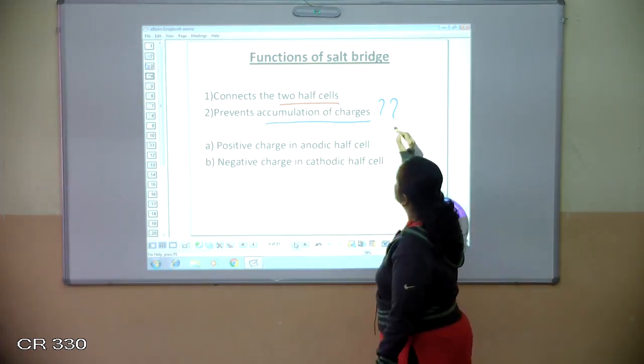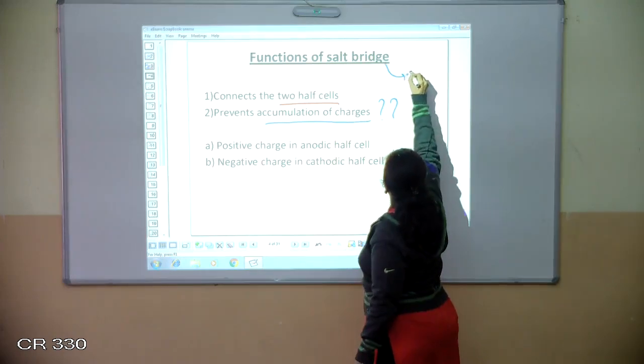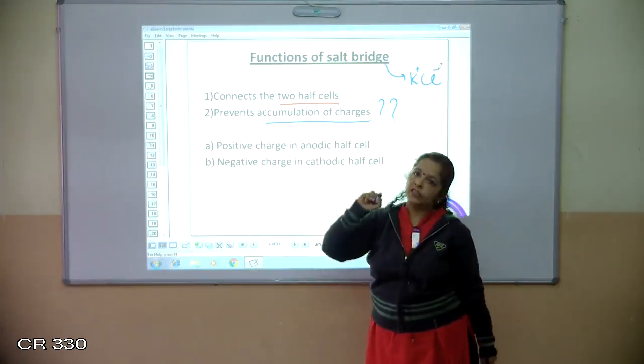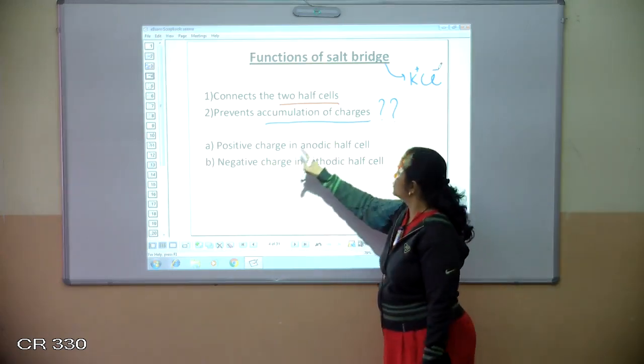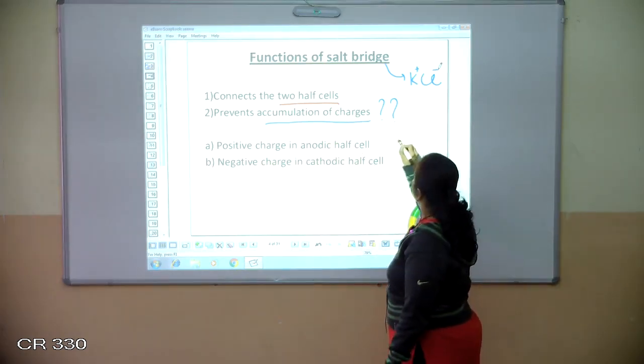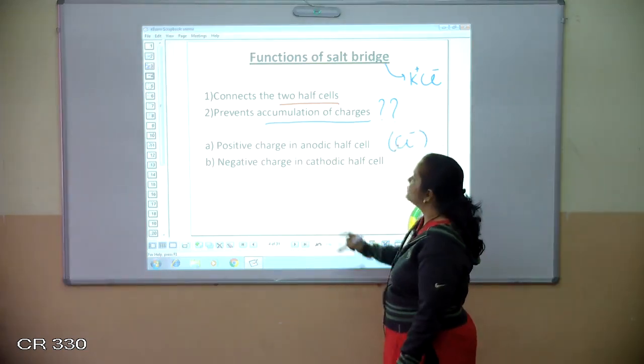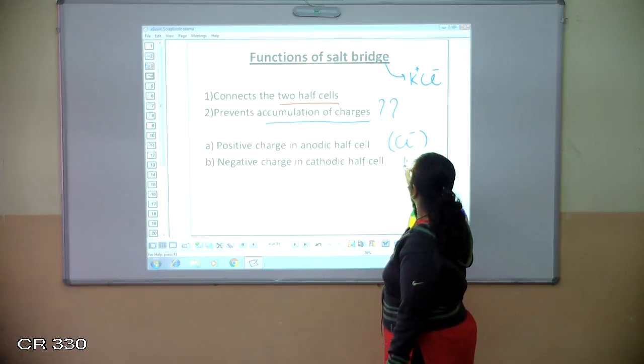Your salt bridge was having potassium chloride in it. Positively charged potassium ions, negatively charged chloride ions. So the positive charge in the anodic half cell was prevented by the chloride ions and the negative charge in the cathodic half cell was prevented by the potassium ions from the salt bridge.